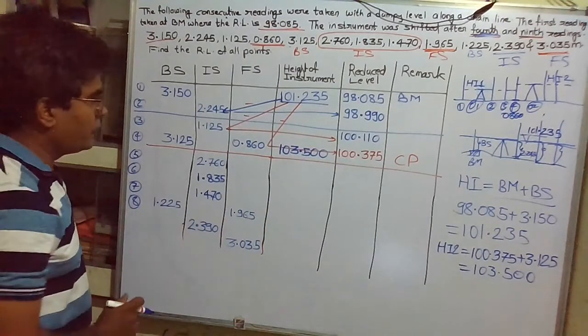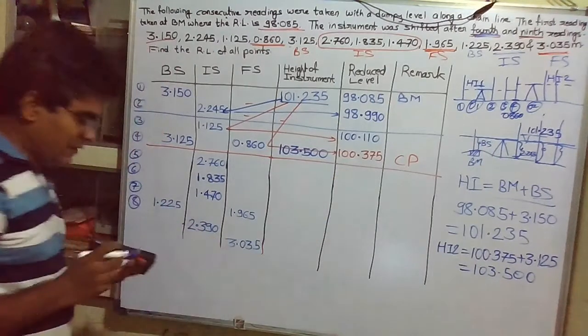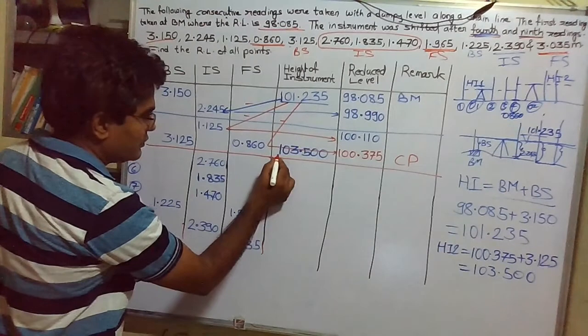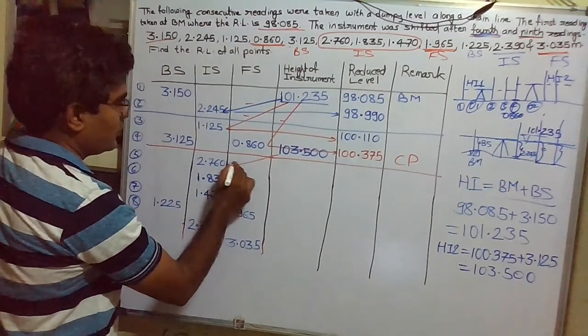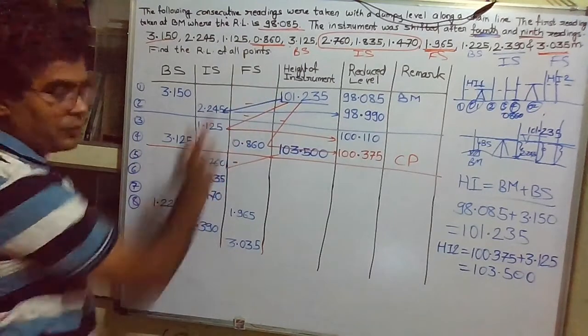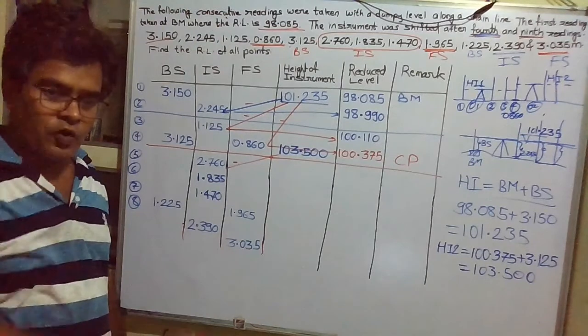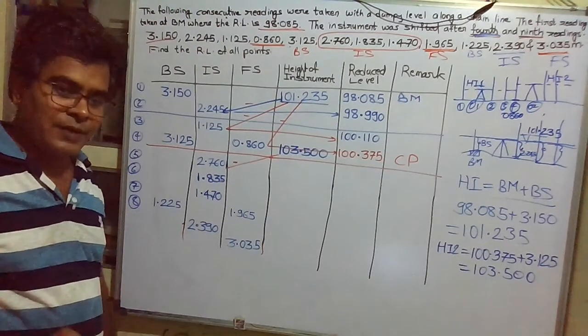Got it? So here we'll calculate the RL. Same way, that is HI, 103.5 minus this. We always subtract the staff reading from the height of instrument, because our height of instrument is at a higher level and our points on the ground are at a lower level. So we always subtract staff reading here.